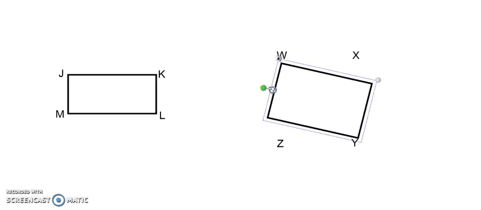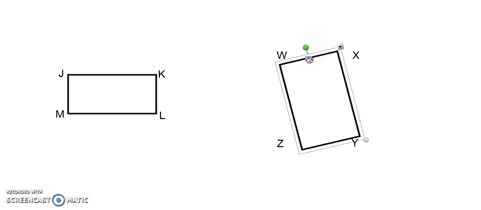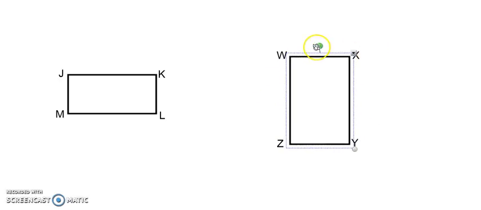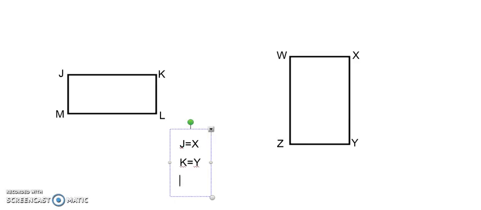If I rotate it this way, it's going to change my letters, but if I rotate it, that means J is going to be the same as X. So J is equal to X. And we have K equal to Y. And Z is equal to L, or L is equal to Z.